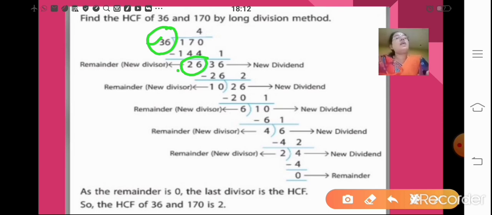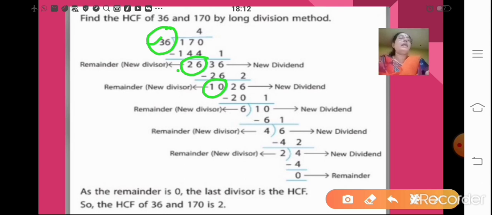Yes. Now again you divide it, you go on dividing it till you get the remainder as 0. Now 10 2s is 20. 26 minus 20 is 6. Now 6 is your remainder, so that will become your divisor and this 10 will become your dividend here.